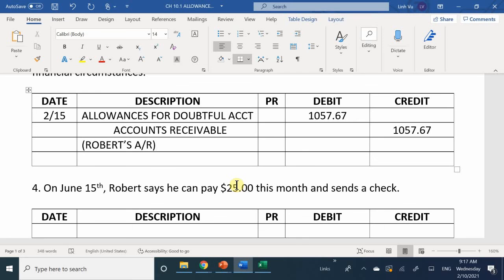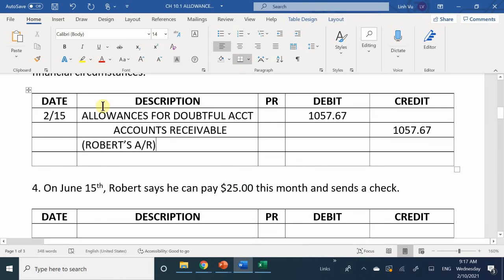In the allowance for doubtful accounts. Now, in this context, you cannot pay directly from the allowance for doubtful accounts.